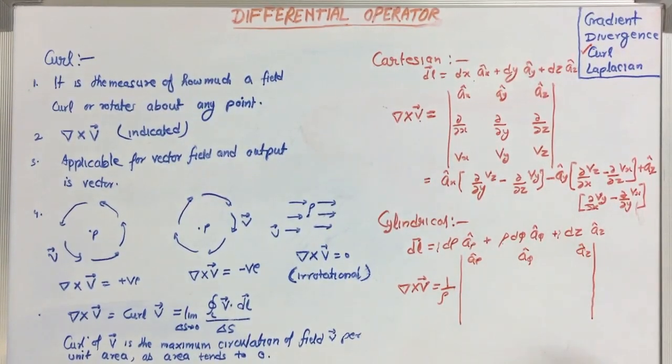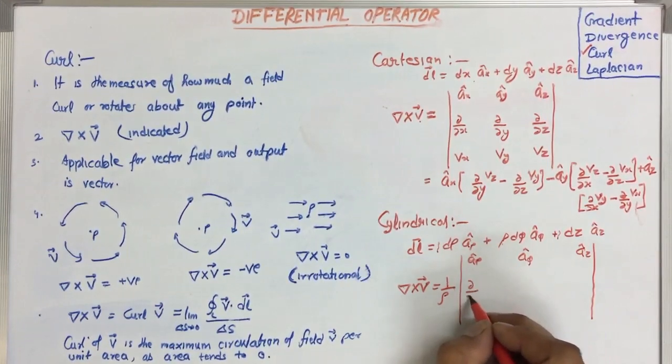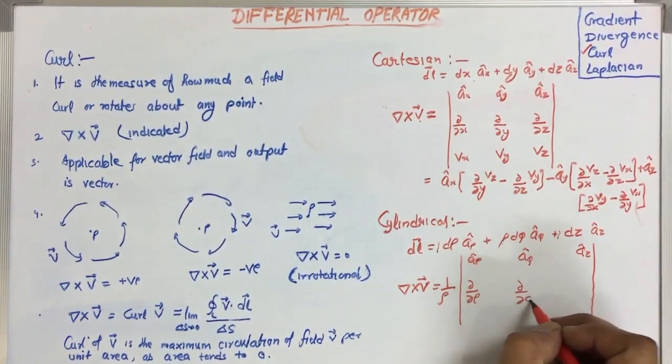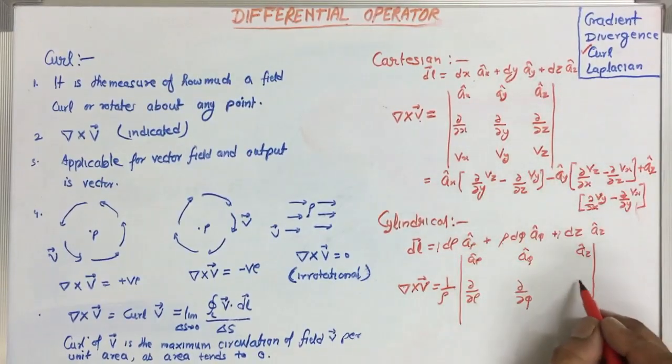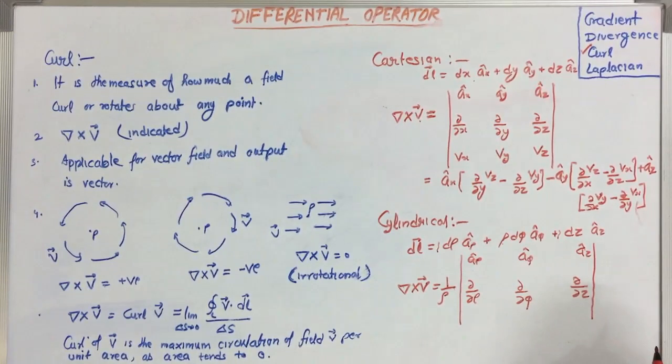Write as it is: del over del rho, del over del phi, del over del z, as we have done in the case of the Cartesian coordinate system. Here we write v in the direction of rho, we can say v rho, then v phi, and v z.